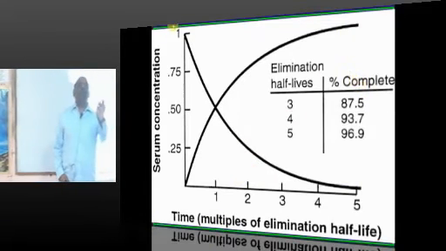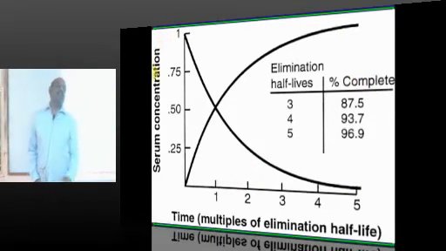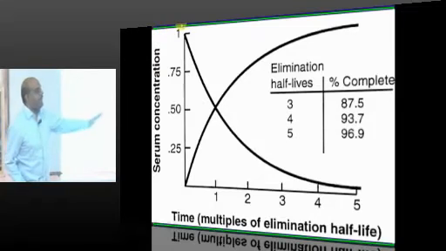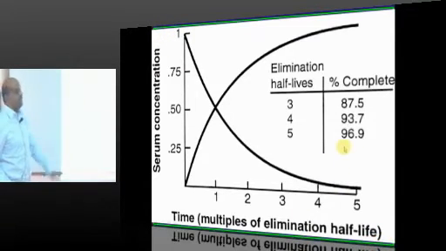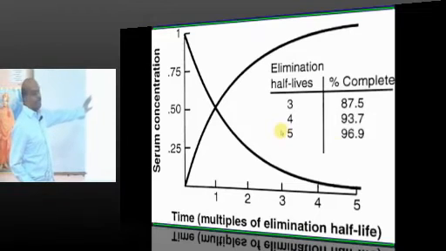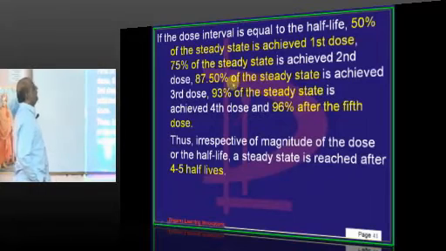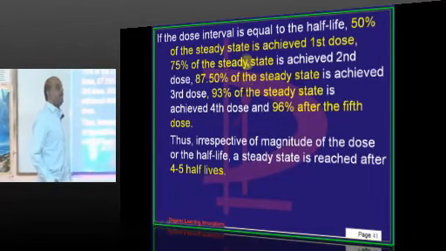How much percentage of the steady state concentration is achieved with every passing elimination half-life? With 3 elimination half-lives 87.5, 4 elimination half-lives 93.7, 5 elimination half-lives 96.9 is what needs to be remembered.